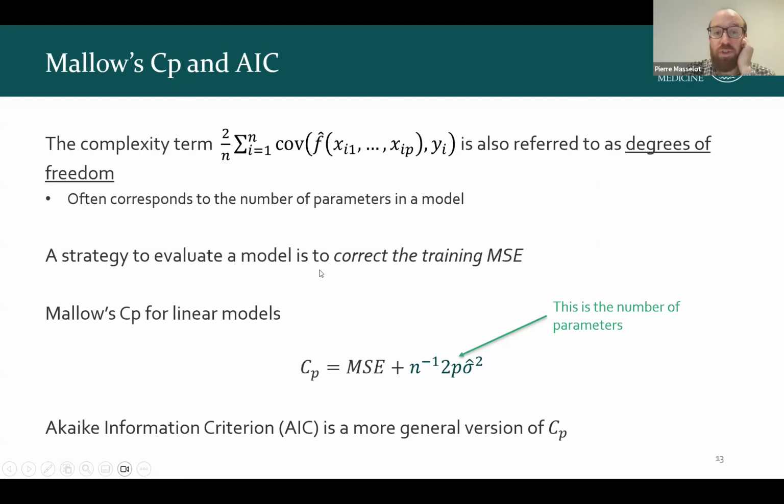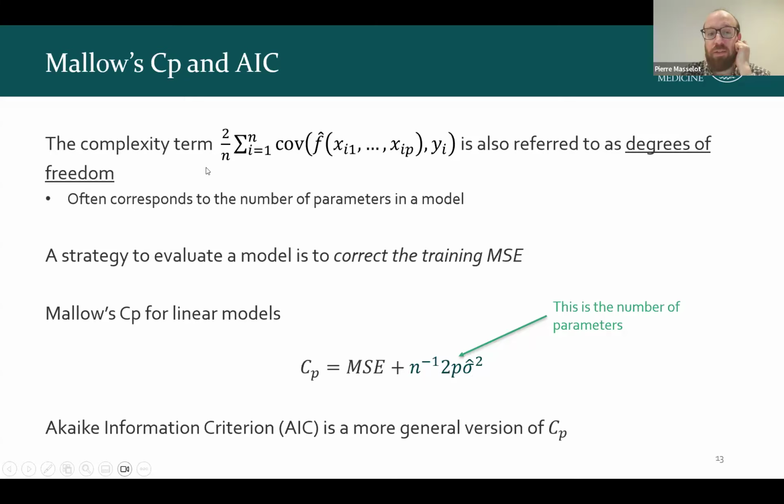But this suggests a strategy to correct our training MSE to estimate our generalization MSE. And so, for instance, you can compute the Mallows Cp, where there has been a mathematical derivation of this term that you can then write this way.